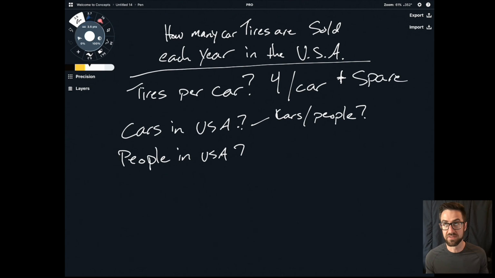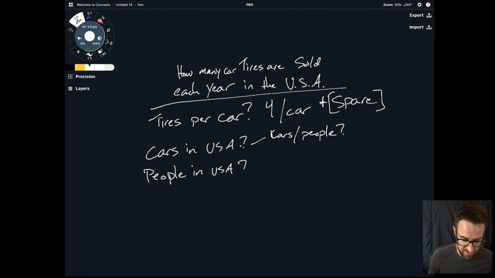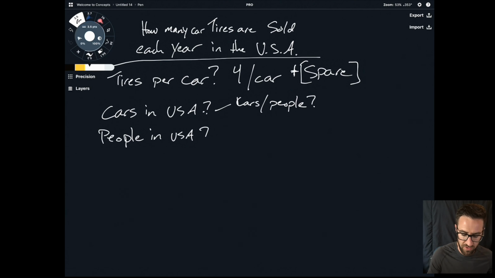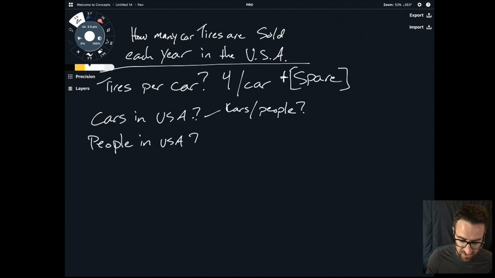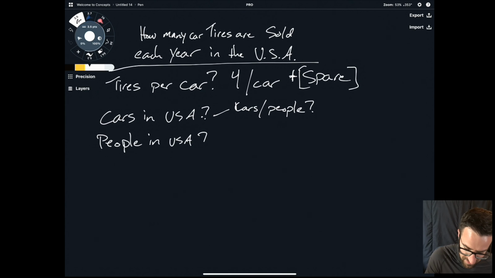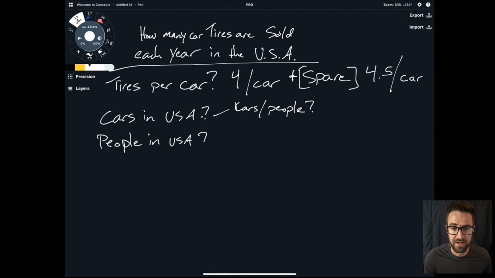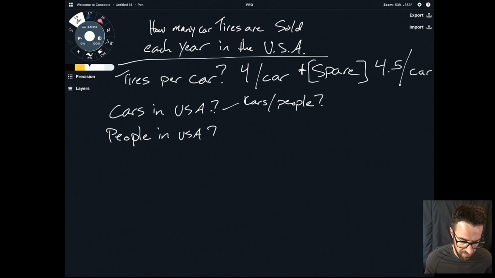But not all cars have a spare tire. So this is a maybe. Maybe there's a spare. Okay, so tires per car, there's 4. So I don't know. Let's do an average. I'm just going to say there's 4.5 tires per car in the USA. Okay, and that's because some cars have a spare and some cars do not.